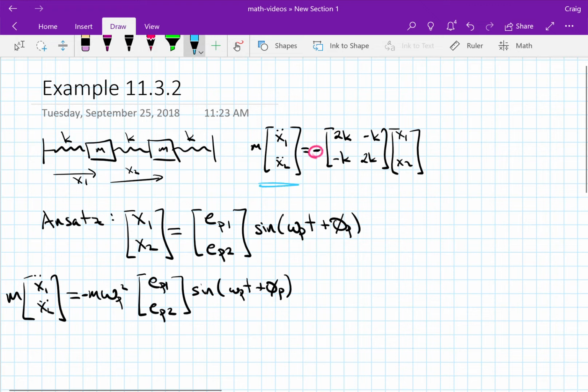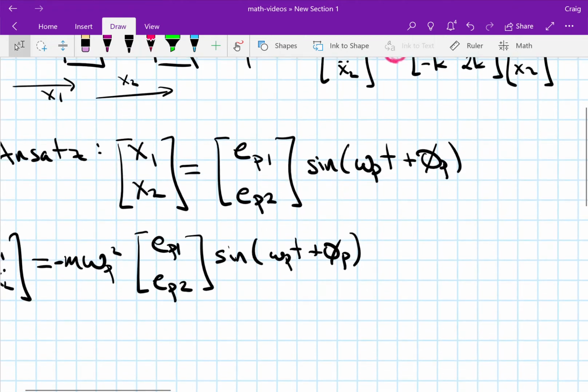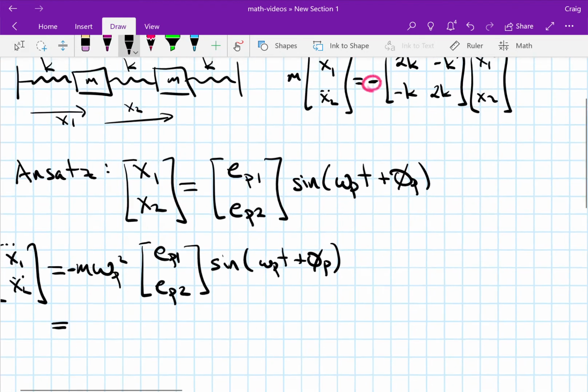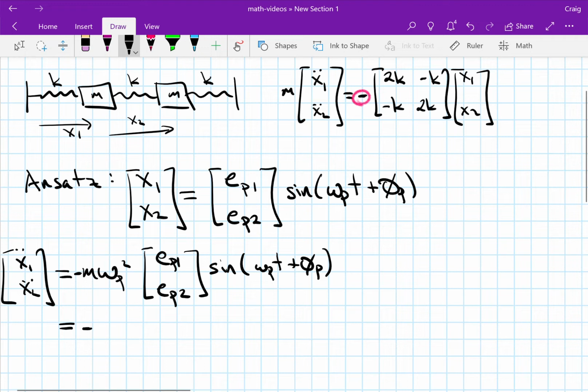That's the left-hand side, and that must be equal to the right-hand side of this equation over here. So that has to be equal to the negative matrix 2k, minus k, minus k, 2k times the x.